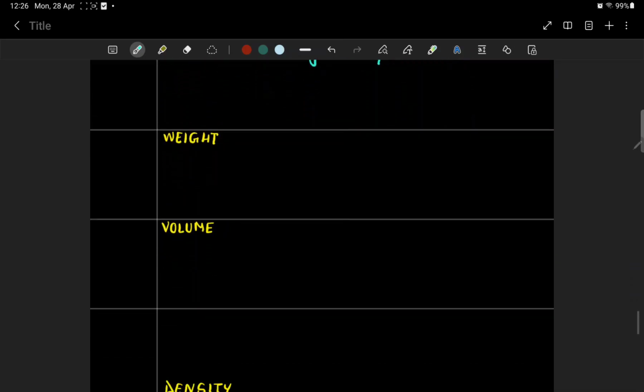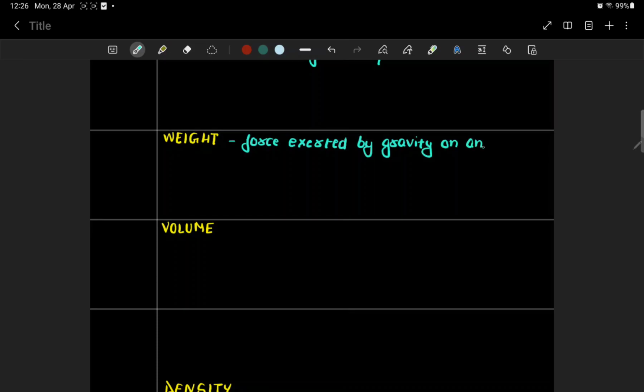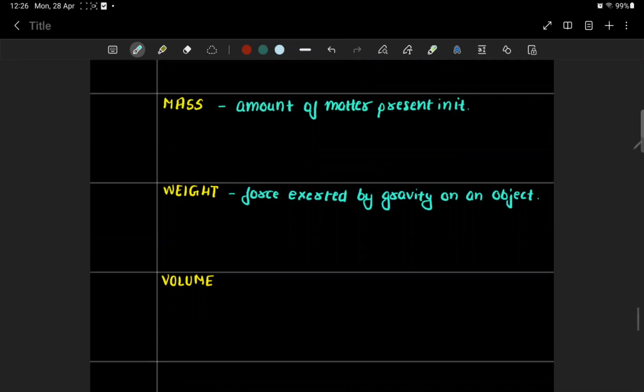And when we talk about weight, it is the force exerted by gravity on an object. Okay, so mass and weight are not the same thing.